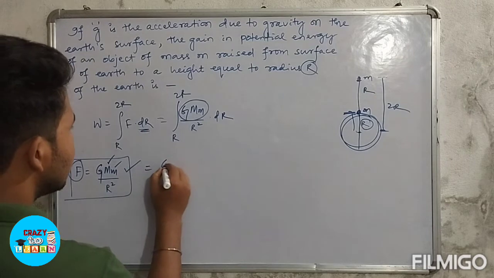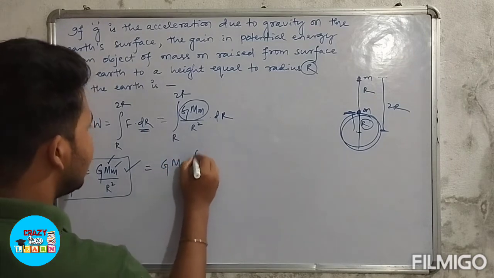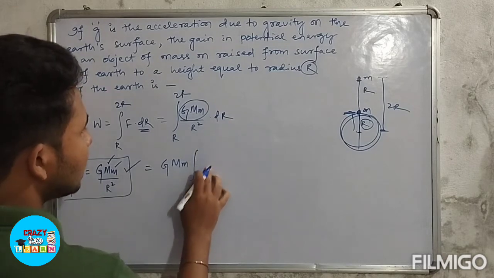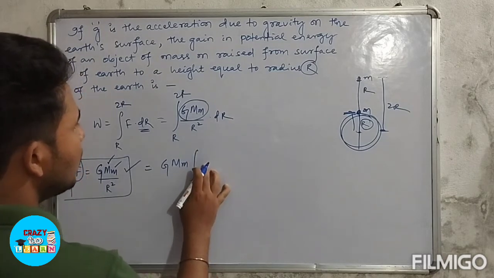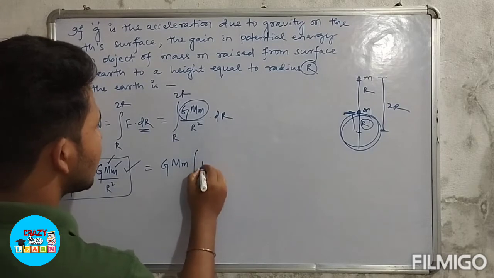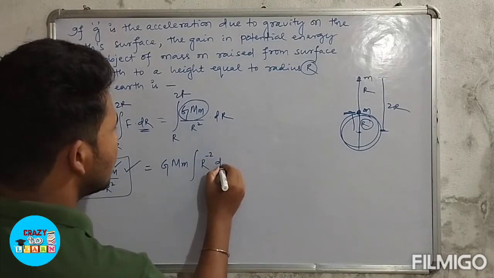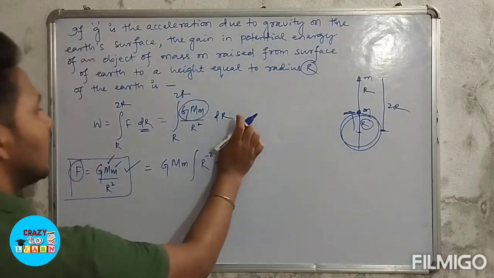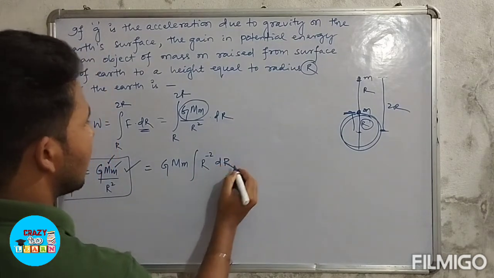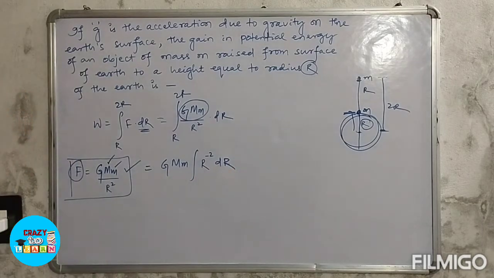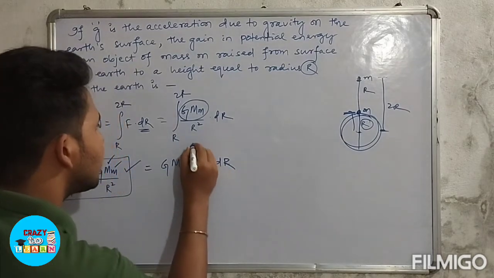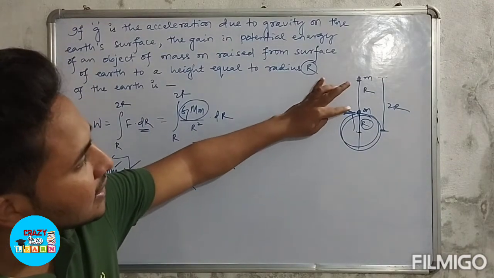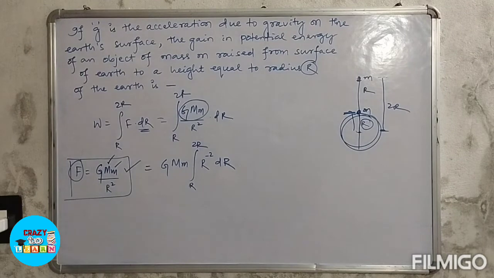What will you get? Capital G, capital M, small m, integration of 1 by r square. When we take r square to the numerator we will get r power minus 2 dr. The limit of integration is from r to 2r, because the object is raised from a height r to a height of 2r.